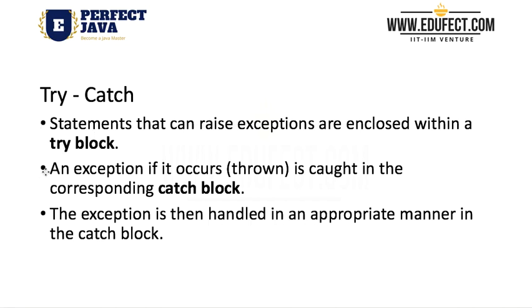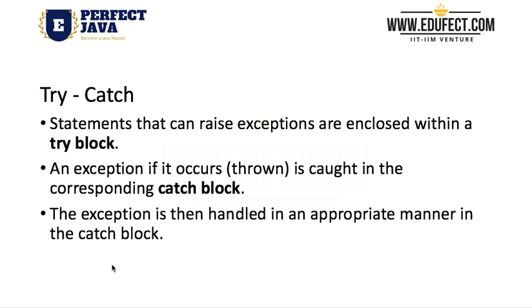If an exception occurs when the program is being executed, an exception gets thrown. That exception is then caught in the corresponding catch block, and in the catch block we can handle the exception as we want to, and then the code flow will continue.